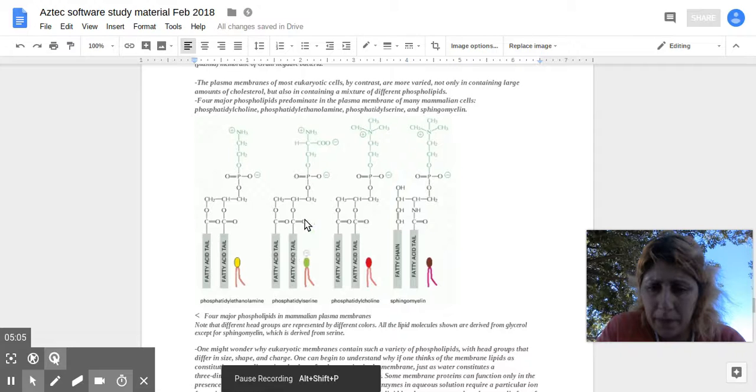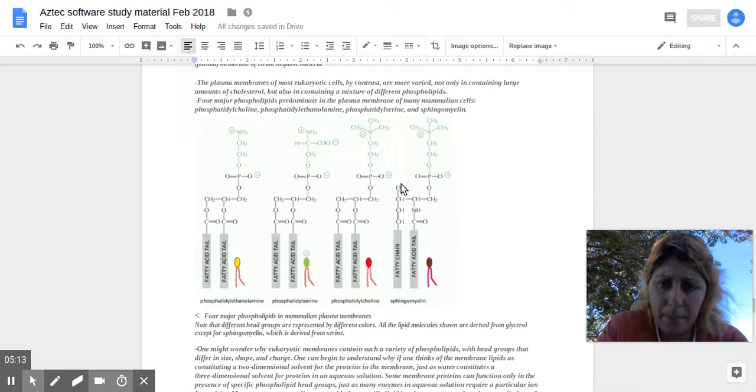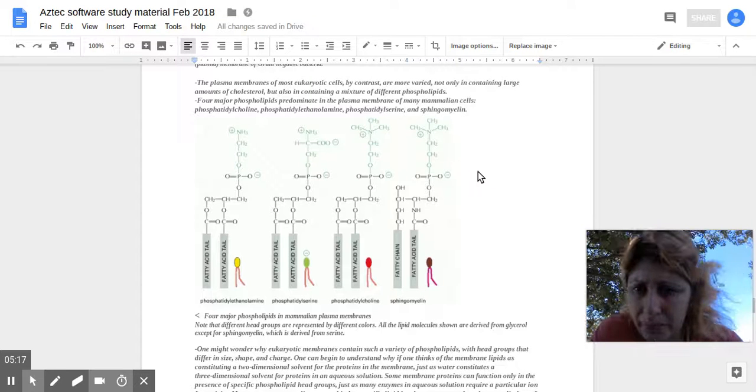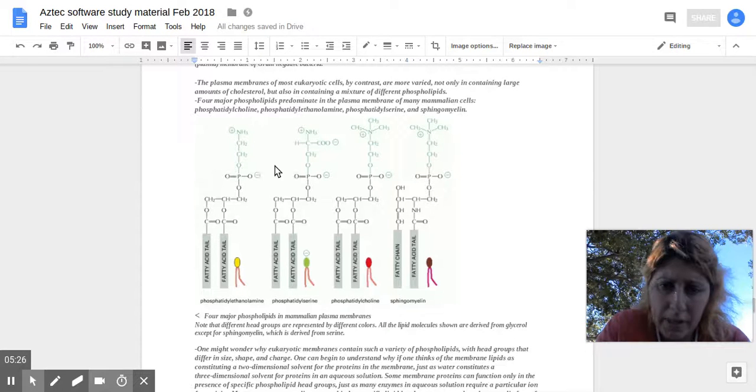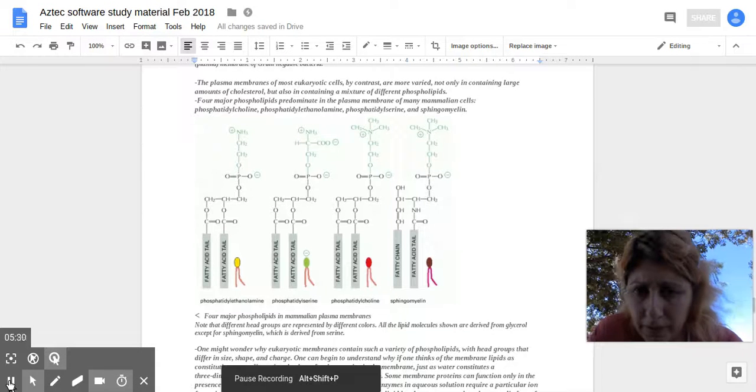So phospholipids are all the same in that they have a fatty acid tail, glycerol backbone, a phosphate group, and they have polar head groups, which are different between the different phospholipid molecules.